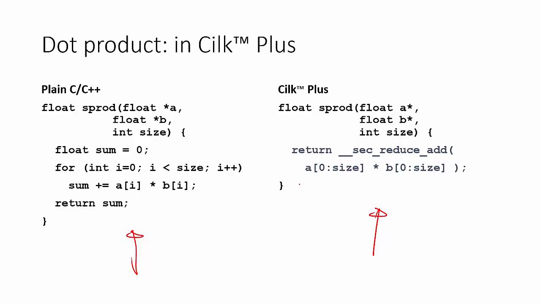We specify that we operate on arrays which start with iteration 0 and are of size. And here is a second array. We multiply them element-wise this way, and then we have a special function called sec_reduce_add that performs the reduction to a single scalar addition. Simple, right? Still no threading, but very simple vectorization.